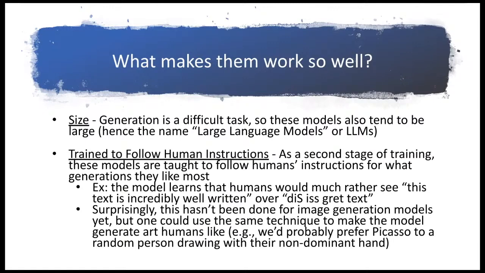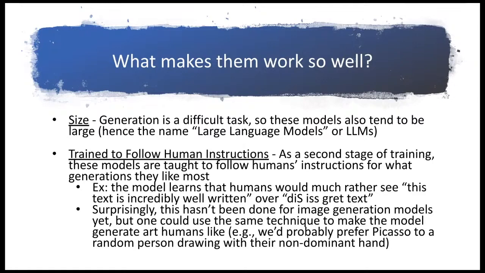We go to a museum because we really want to see good artwork. We herald people like Picasso because we think he does great art. Naturally, we want our models to have some sort of signal to learn what humans consider good and what they don't. And so, as a second stage in what these AIs learn, these models are taught to follow humans' instructions for what generations they like most.